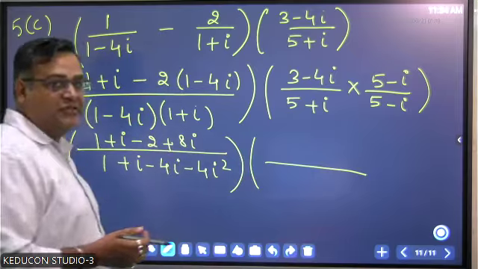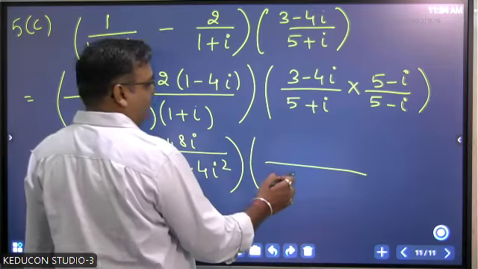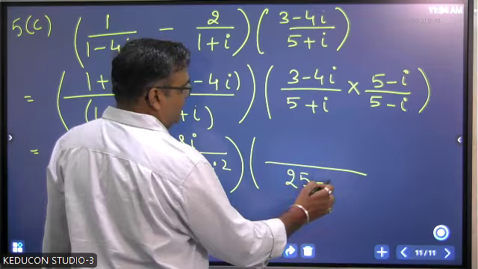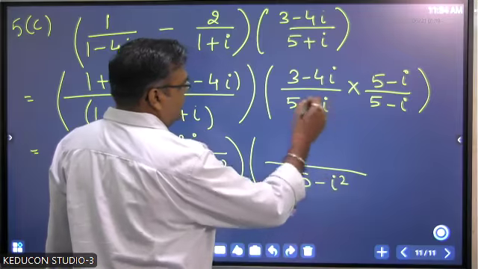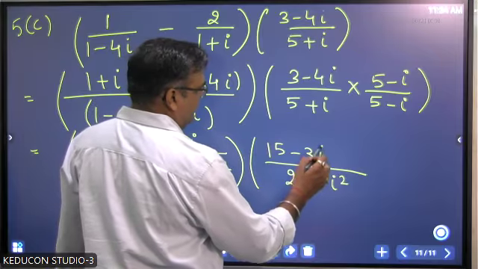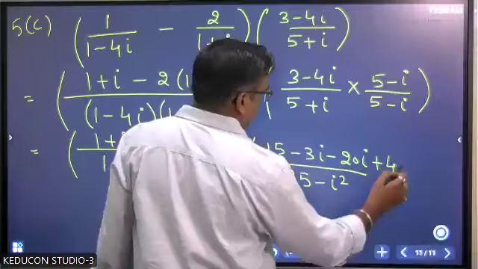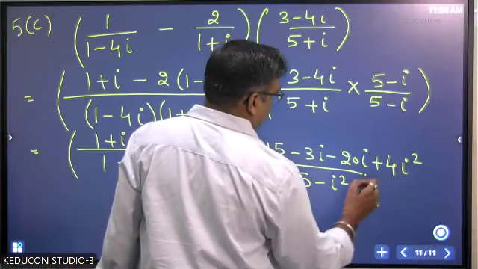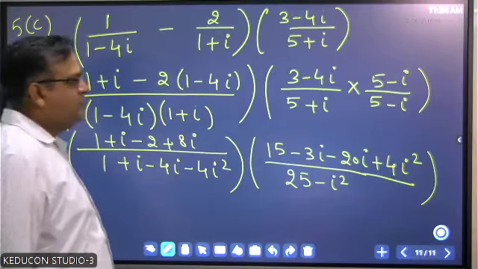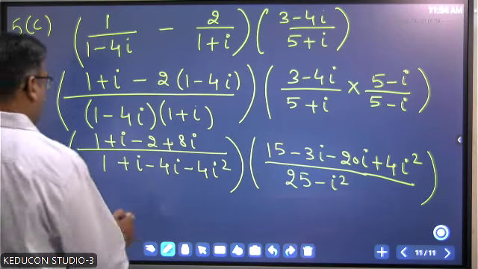In the denominator you will apply the (a plus b)(a minus b) identity, so this becomes a square minus iota square. And in the numerator it will be 15 minus 3 iota minus 20 iota plus 4 iota square. Right? Minus minus plus 4 iota square. Solve this further.